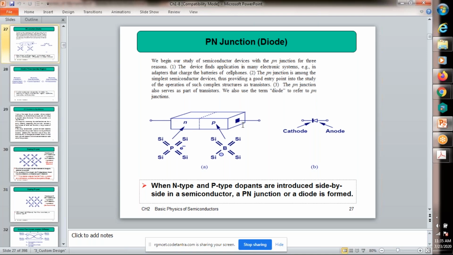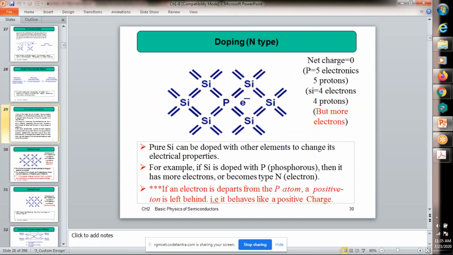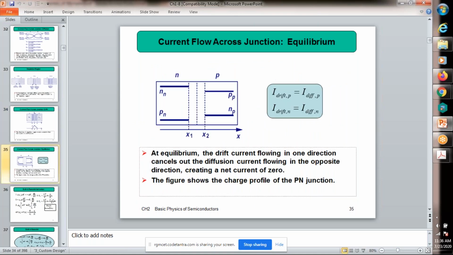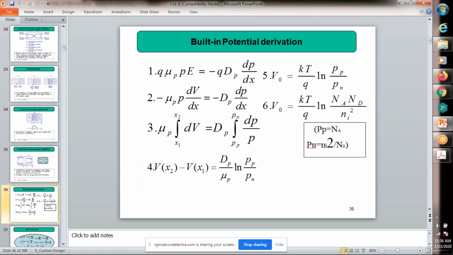Ideal values are zeros, remember this. But in practice, there exists some small voltage due to the doping levels and fusion of these metals. Around that voltage comes again 0.5, 0.4 depending upon germanium or silicon. So this is about the PN junction under equilibrium condition.